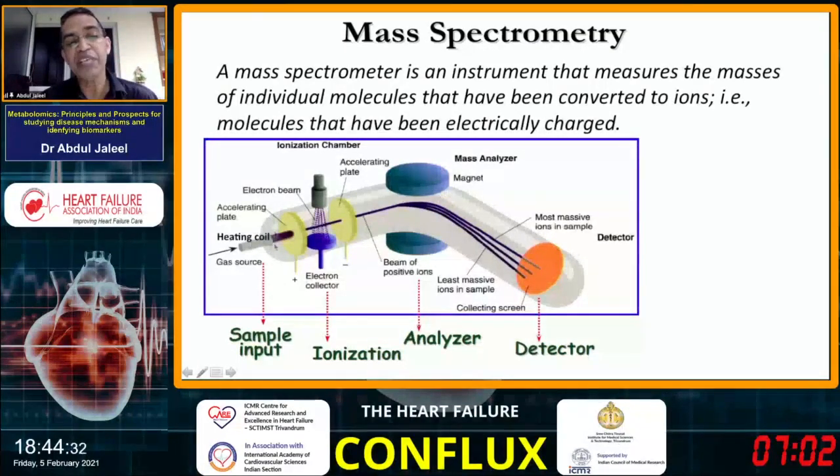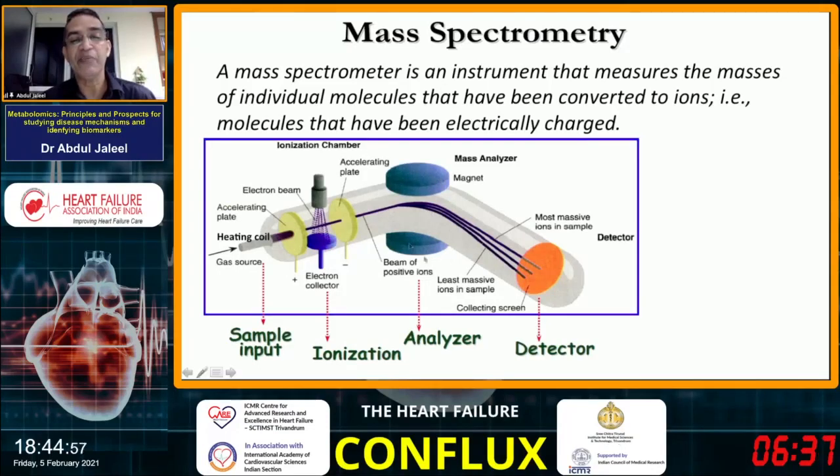You need an area to introduce your sample, where the compounds have to be converted into gaseous phase, so you need a heating element. Then you need an ionization area where all the biological or chemical molecules are ionized, either as negative ions or positive ions, so you need an electron beam to give the ionization.